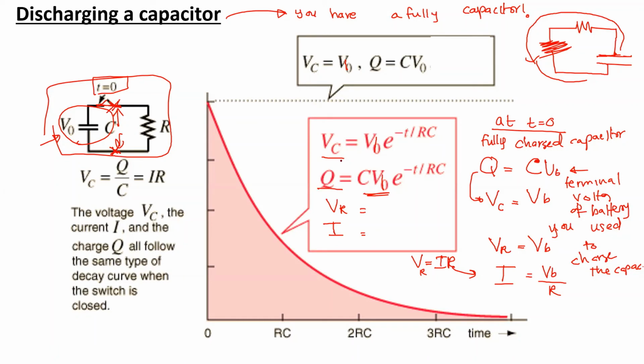The equation for a decreasing trend is the maximum value times e to the power negative t over RC. In the same way, for the current, it is the maximum value times e to the power negative t over RC. For a discharging capacitor, all your equations have a decreasing trend.